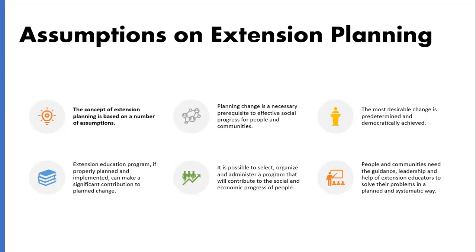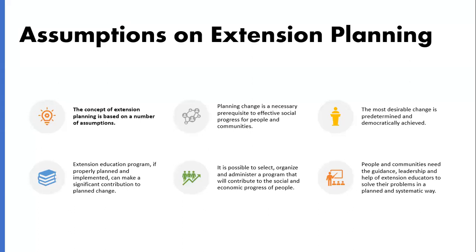So we also assume it is possible to select, organize, and administer the program that we are going to implement. We assume there is a possibility, so we will be able to select the available alternative, and that alternative can be implemented in the field.